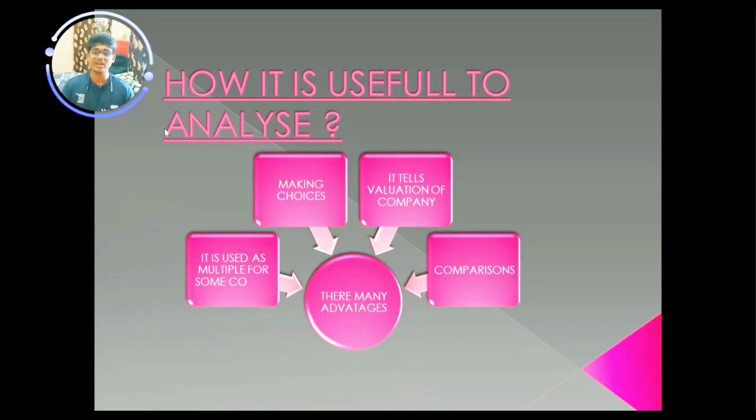I can say that there are many advantages where this PE ratio factor can be very useful, and also there are disadvantages. In this video I will only cover the advantages. The first advantage is that it is used in making choices.